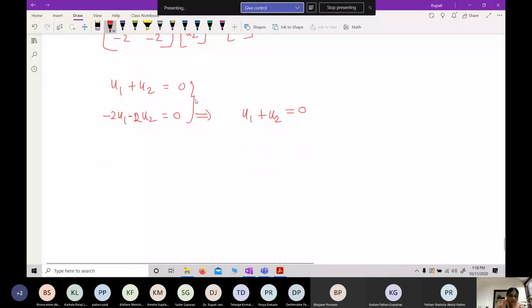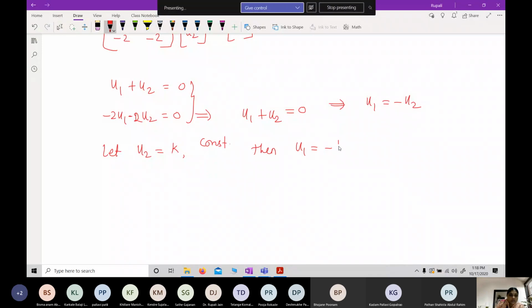So let u2 be equal to k, a constant. Then u1 is equal to minus u2, so u1 will be minus k.